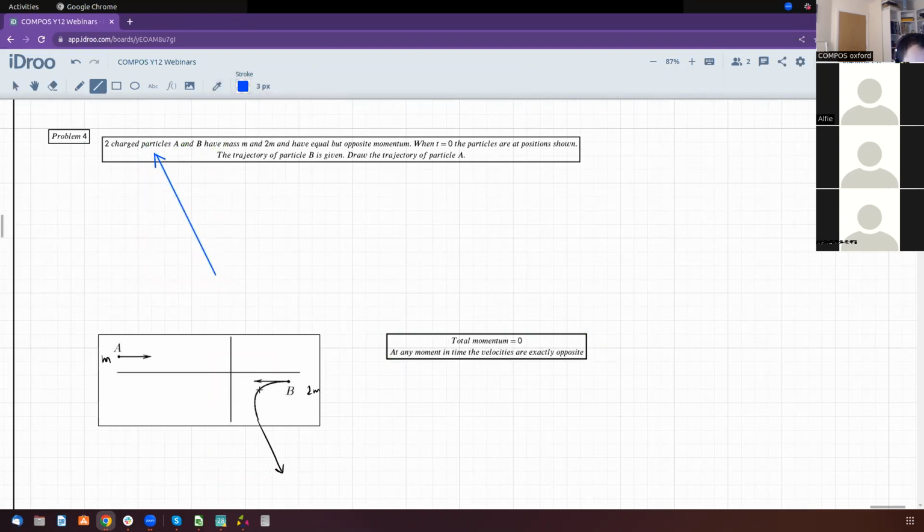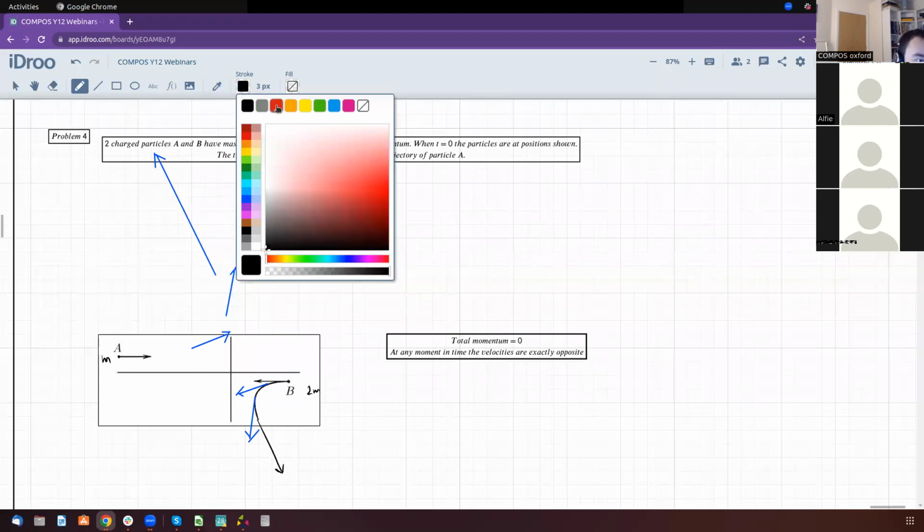So when B is going this way, A is going that way. When B is going that way, A is going that way.